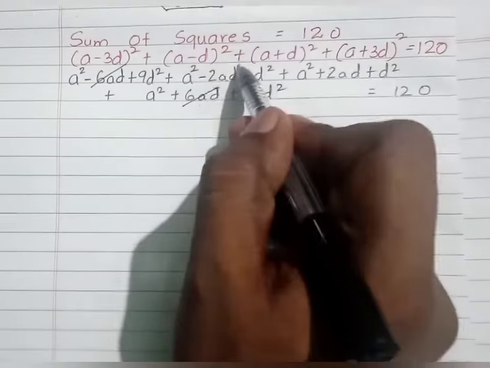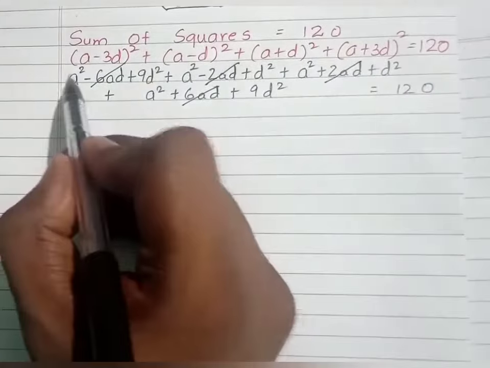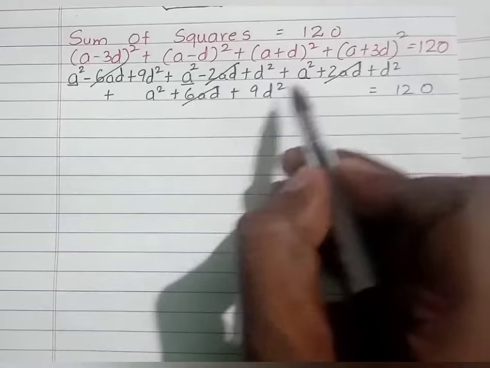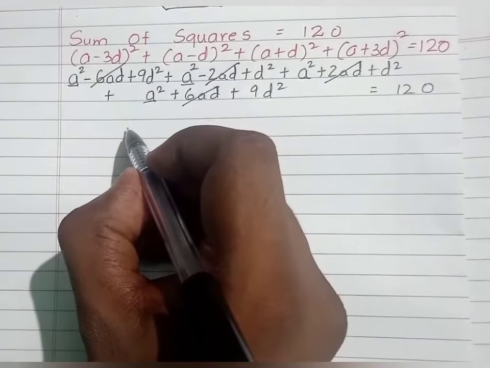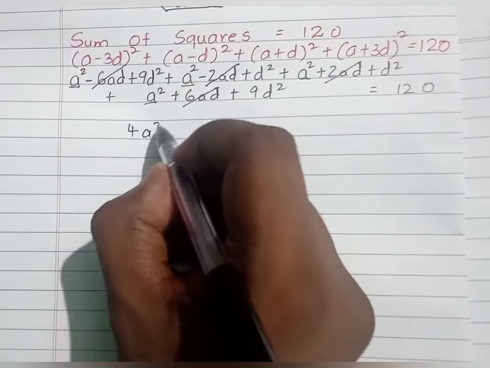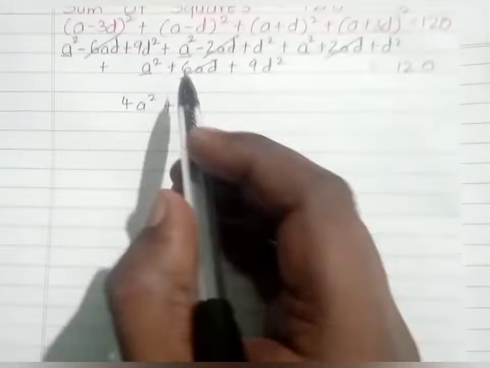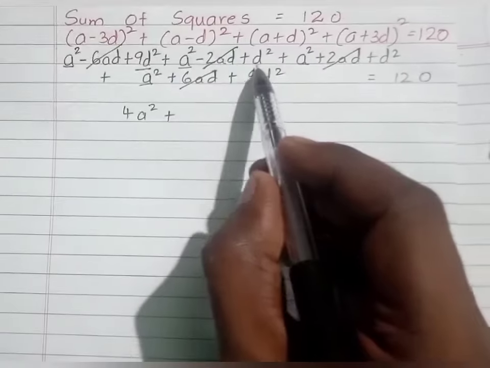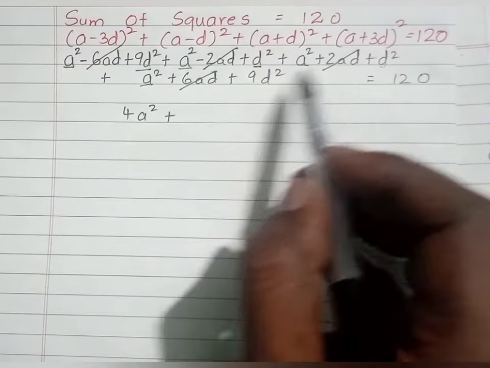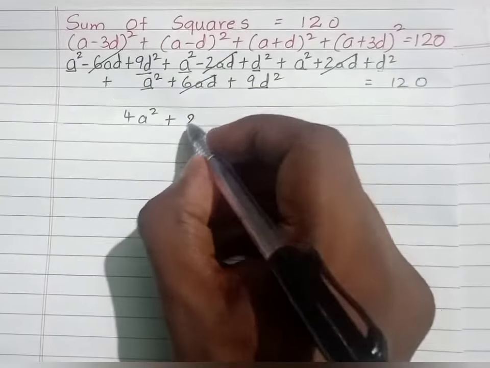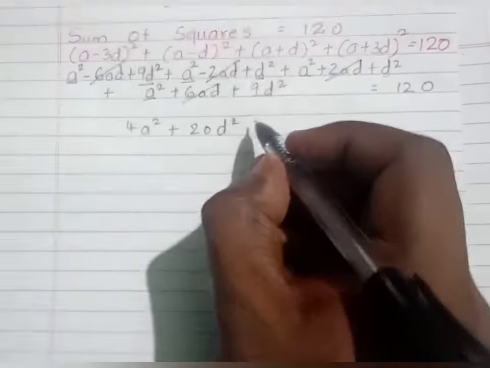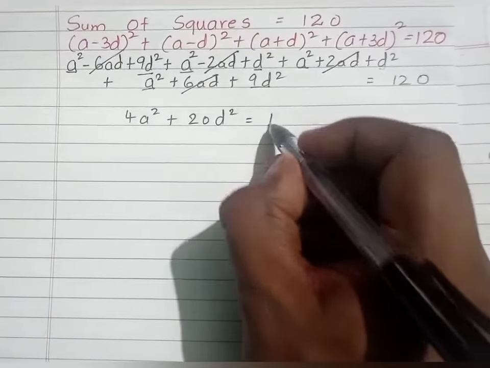Now plus 6ad minus 6ad and plus 2ad minus 2ad will get cancelled out. The remaining terms are a square, 4a square, then 9d square plus d square, 10d square plus d square, 11d square... plus 9d square will give you 20d square equals 120.